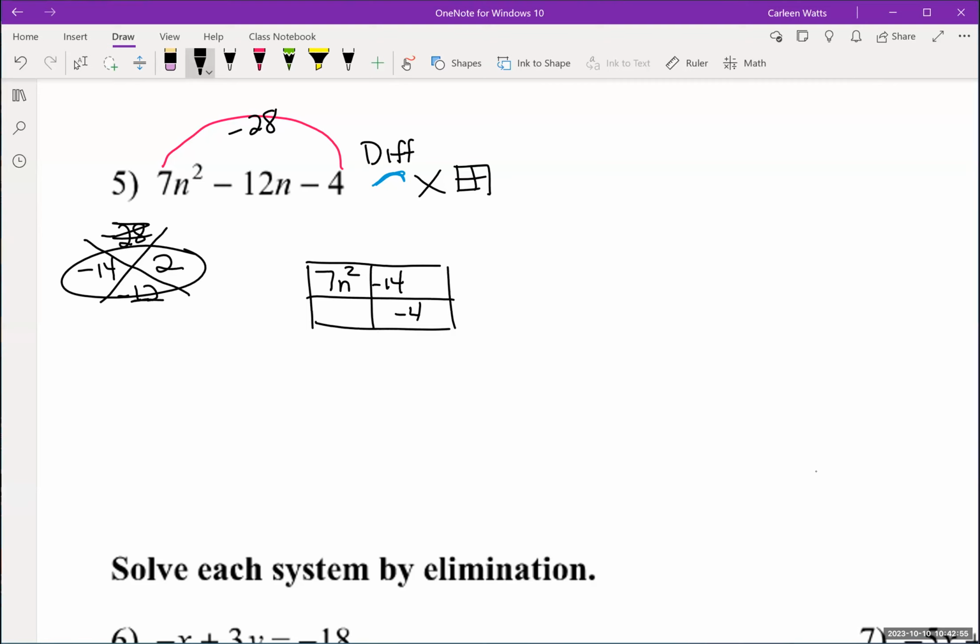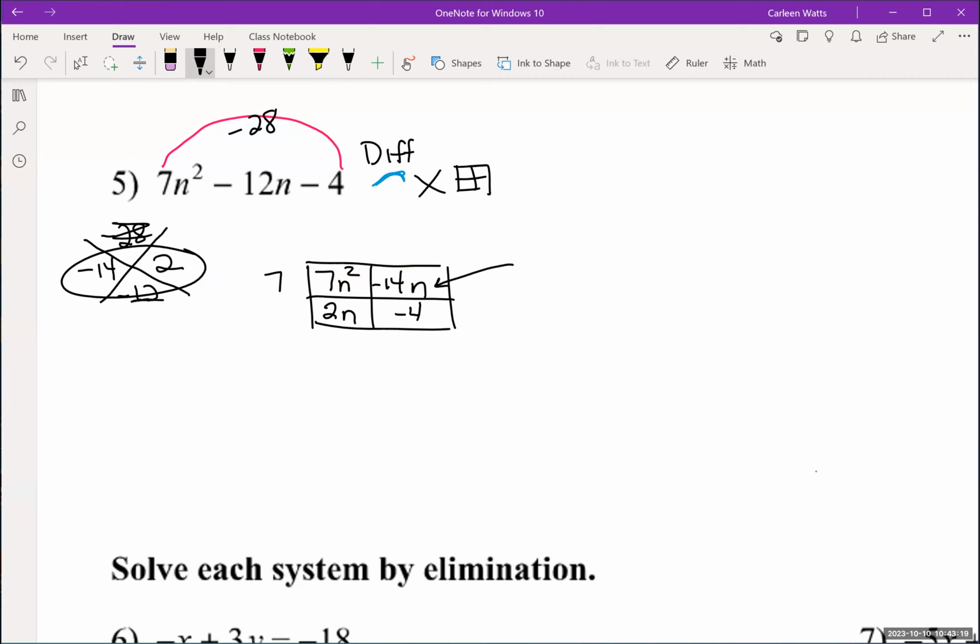Negative 14n. Thank you. And 2n. Thank you. Almost done. Okay, GCF. I can see that a 7 goes into both of those.